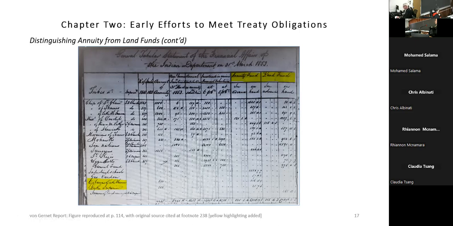Yes. In terms of the treaties that had annuities, there were no timber or mining or any proceeds from lands. Everything was done through the CRF.